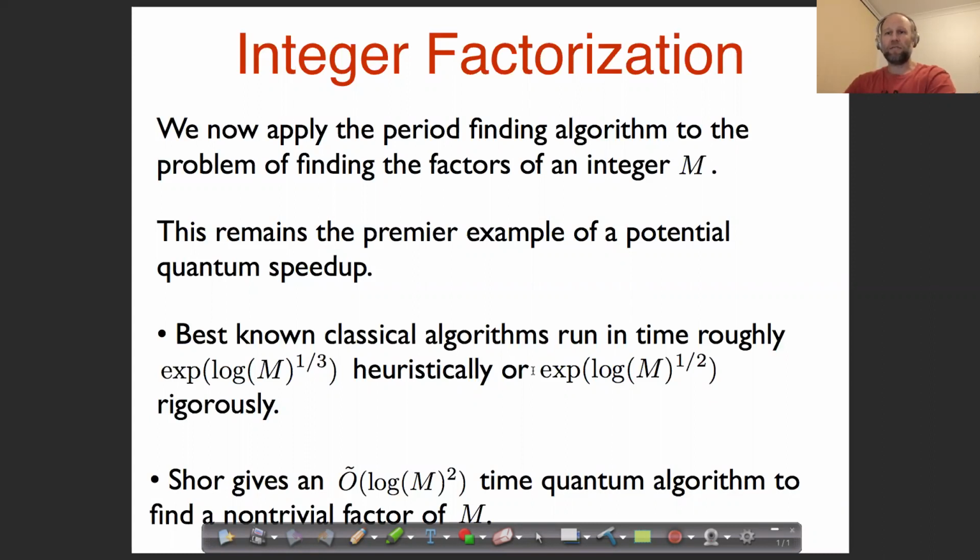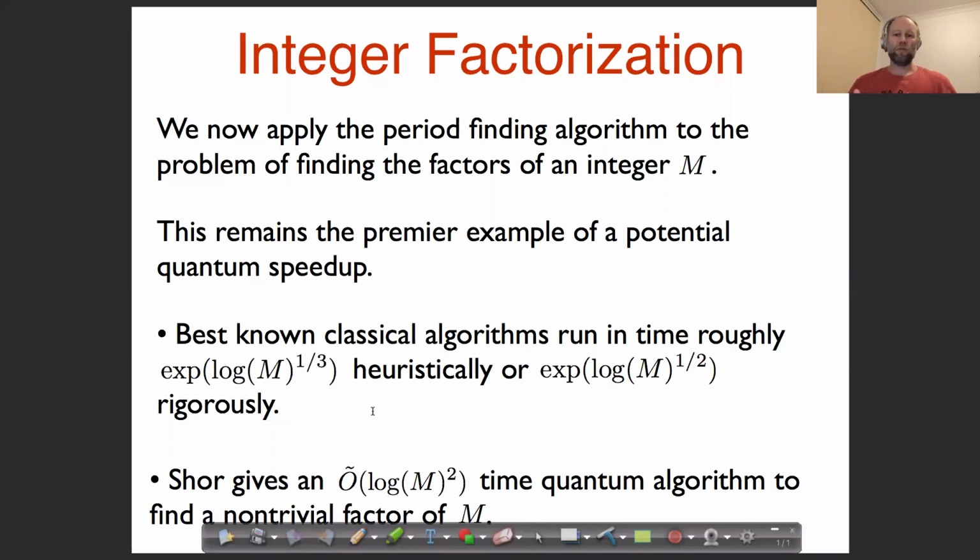The best rigorous bound on the complexity of a classical algorithm for factoring runs in time exponential in the square root of log m, where m is the number that you want to factor. Based on some number theoretic assumptions, there are algorithms that have complexity exponential in the cube root of log m.